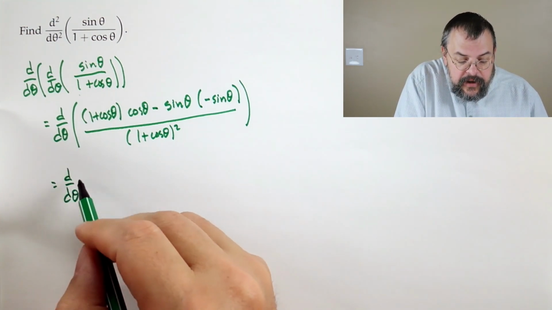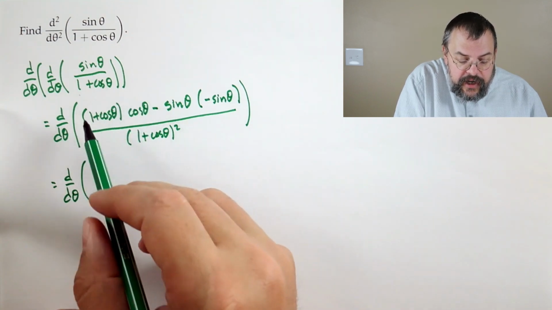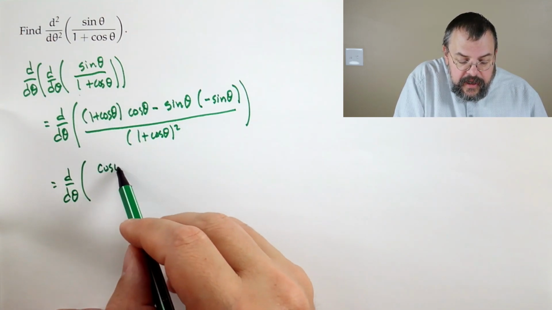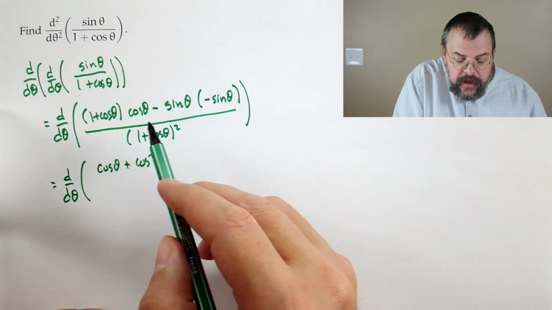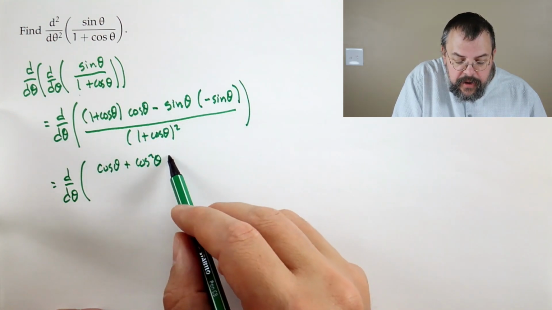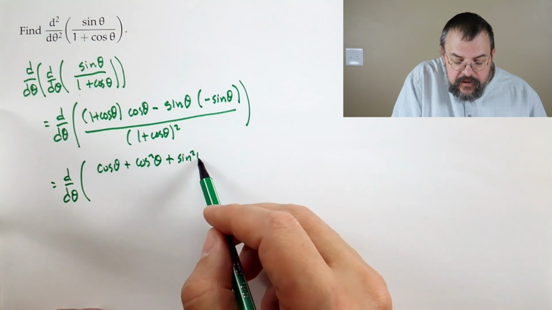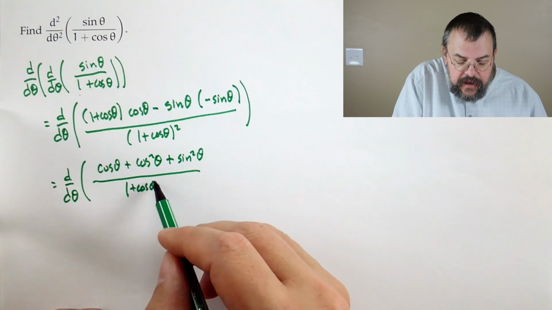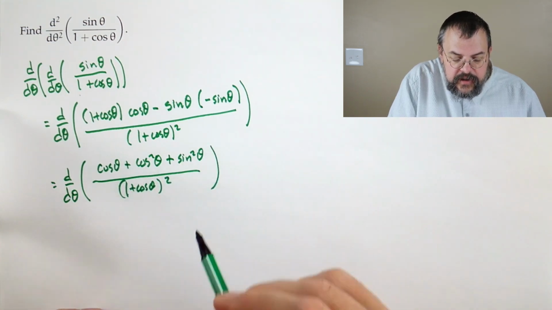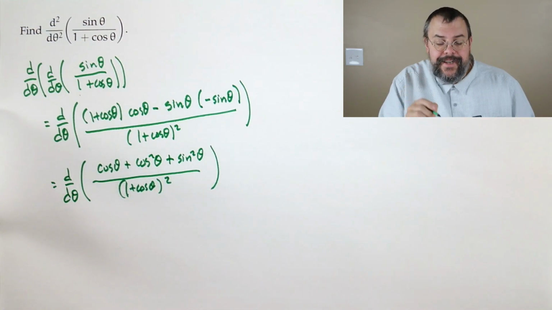So we proceed. What do we have? Well, if we multiplied that cosine through, that would be cosine plus cosine squared. Then minus minus makes plus sine squared over 1 plus cosine squared downstairs. But now we're like, hey, wait a second.